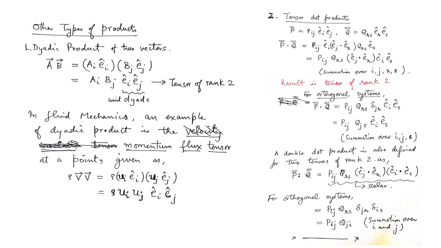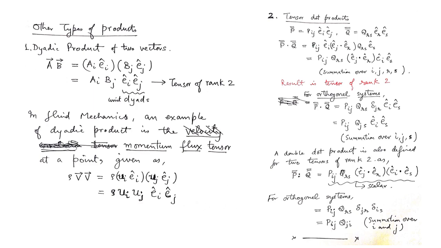So you have two dot products involved. The final result comes out as a scalar. There is no vector in this expression. Notice that a double dot product involving tensors of rank 2 results in a scalar.